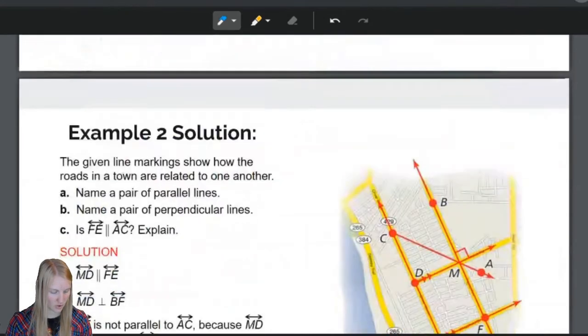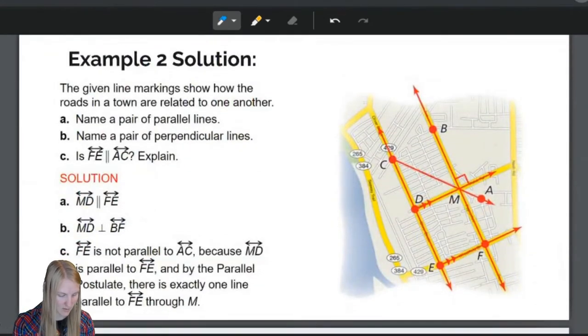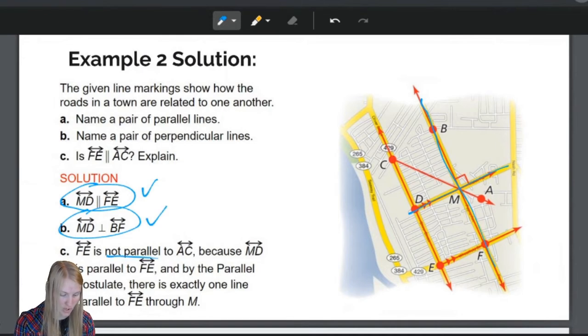Let's check our answers. MD parallel to FE. Yup, just like we thought. MD parallel to BF. Or excuse me, perpendicular to BF. And is not parallel because, ooh, they gave a different reason. We said, oh, they're going to intersect, but also they cited the parallel postulate.